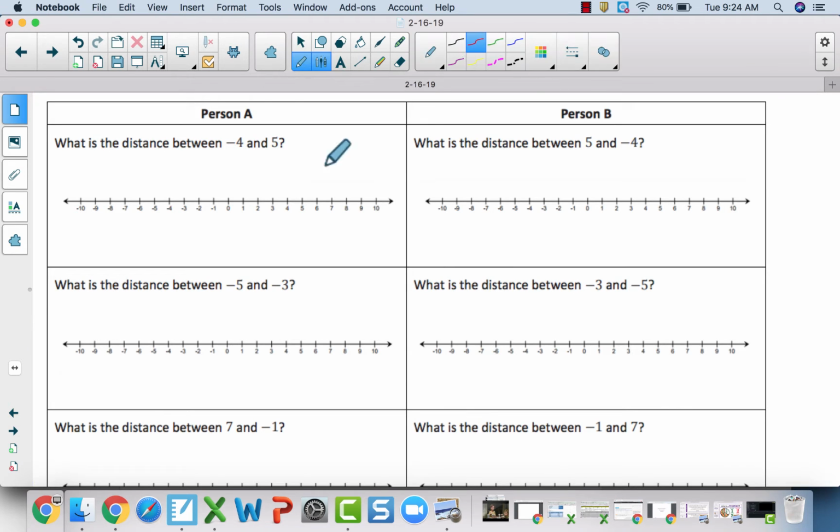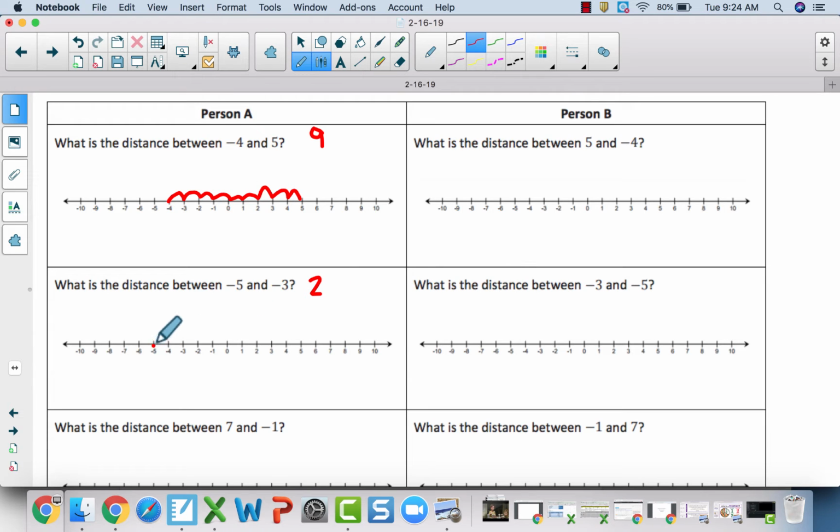So I'm going to work this column first. You should have got 9 here. If I start at -4 and I'm trying to get to 5, it is 1, 2, 3, 4, 5, 6, 7, 8, 9 units away. All right. -5 and -3, you should have gotten a distance of 2.